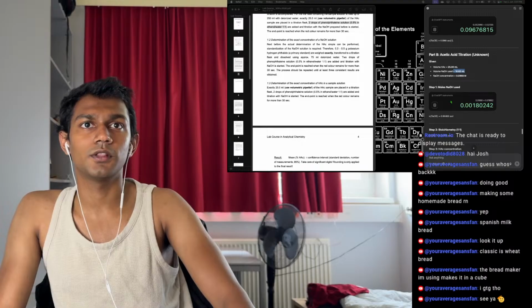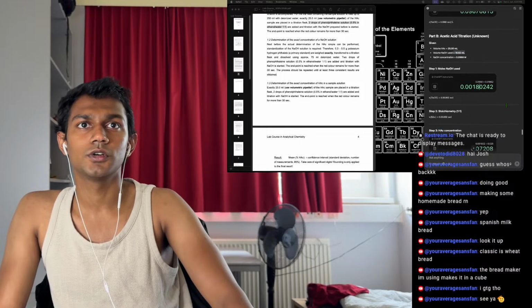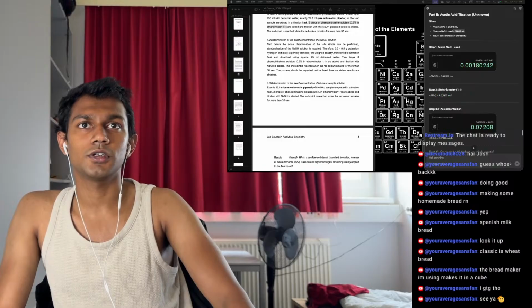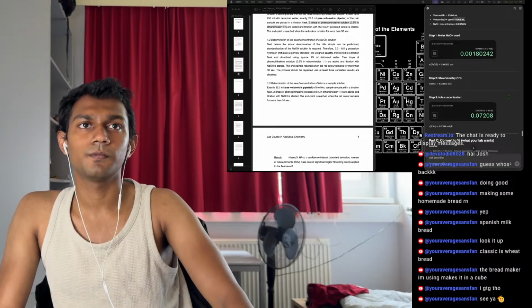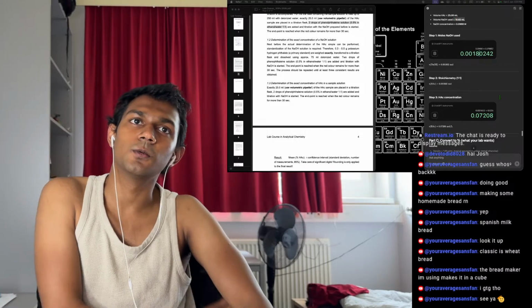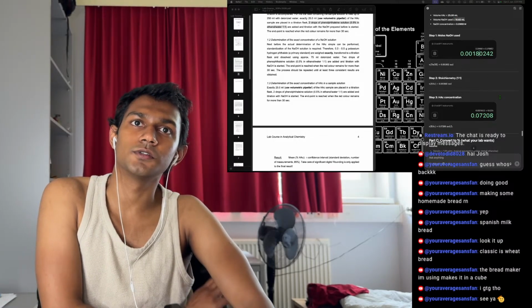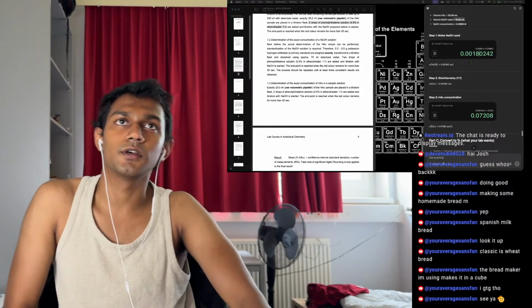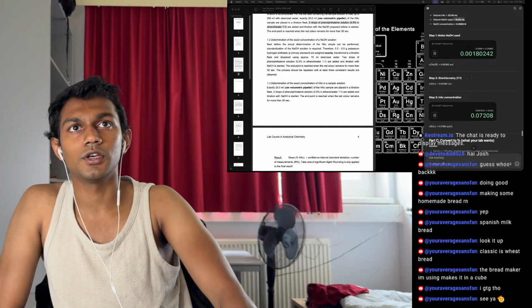From that you get the number of moles of NaOH used. Stoichiometry is again 1:1, so the number of moles of HAC is also the same. Then we divide the number of moles of HAC, from the 1:1 ratio with NaOH used, by the volume of HAC.